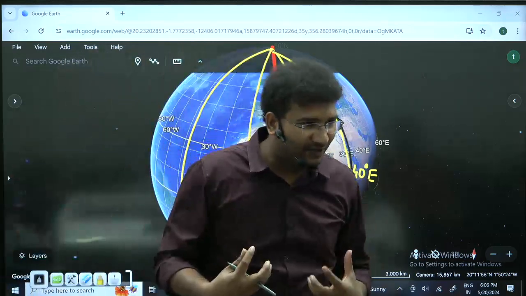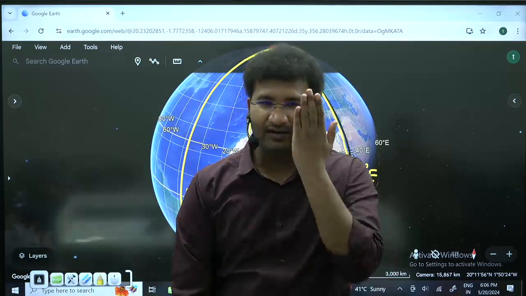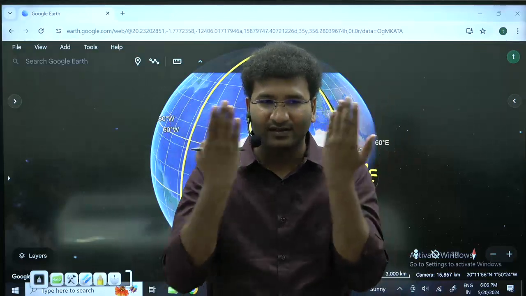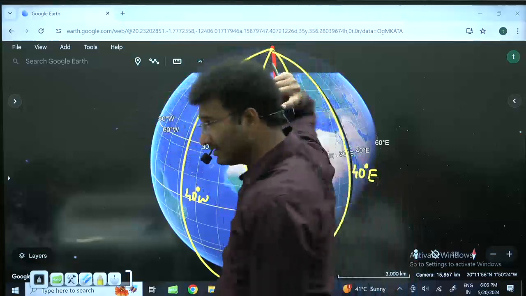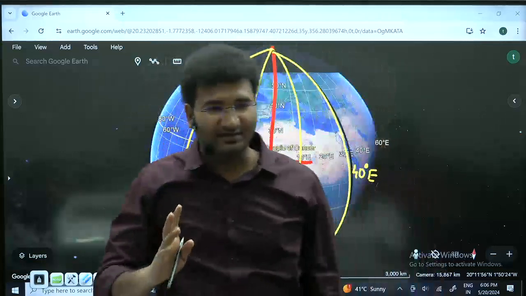देखो, if I am the earth, my nose is my prime meridian, right? I'll call this as my western part of the face, and this is eastern part of the face. If I am going all around, exactly the opposite side is my center of my head. Now I'll call this as international dateline, right?